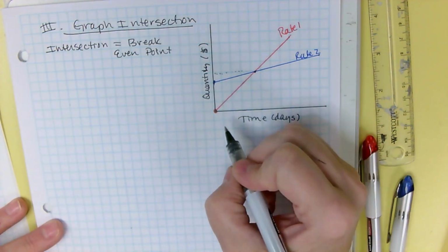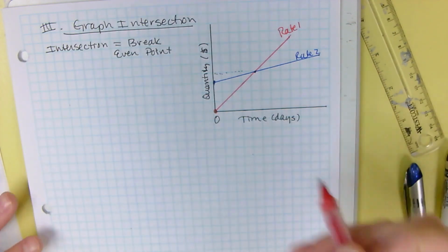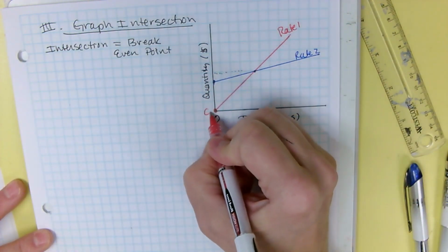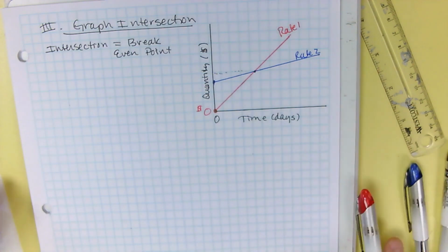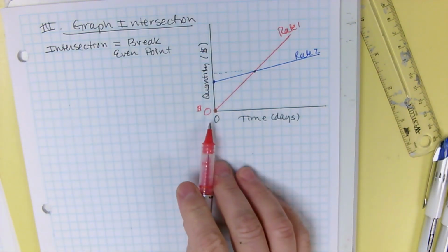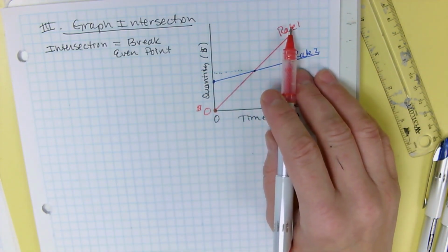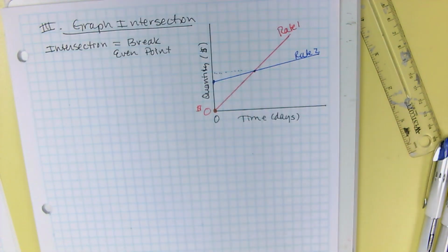Now, the left side of the graph, unless they tell you otherwise, starts at 0, and the y-axis starts at $0. So looking at this, it looks like rate 1, you start out paying 0 money, but then the rate is steeper, so you're going to pay a higher rate.